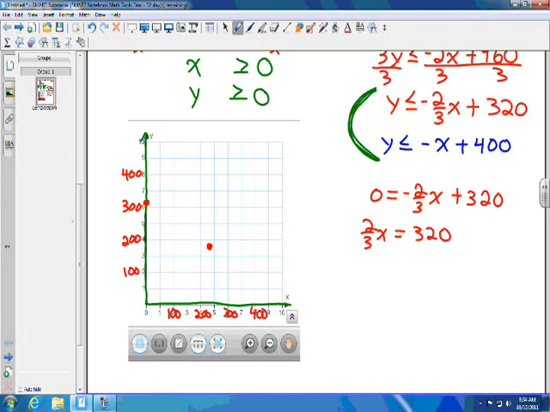So where would that one cross? 320 times 3 halves, or 320 over 2/3. So 480 is where that one crosses the x-axis. So however you get your points, you've got to get 2 or 3 points off of each line.